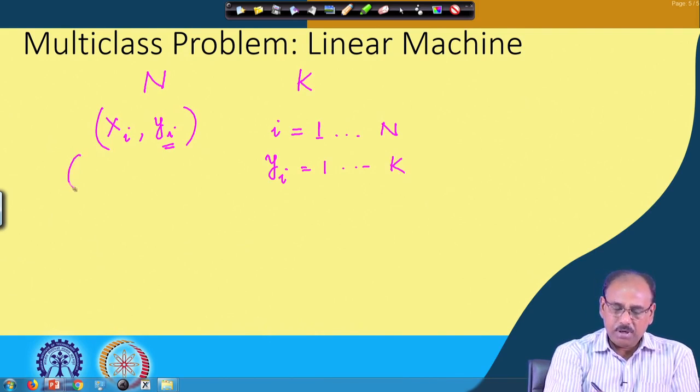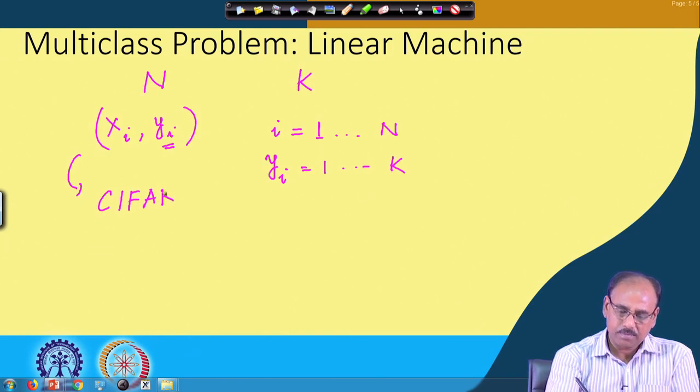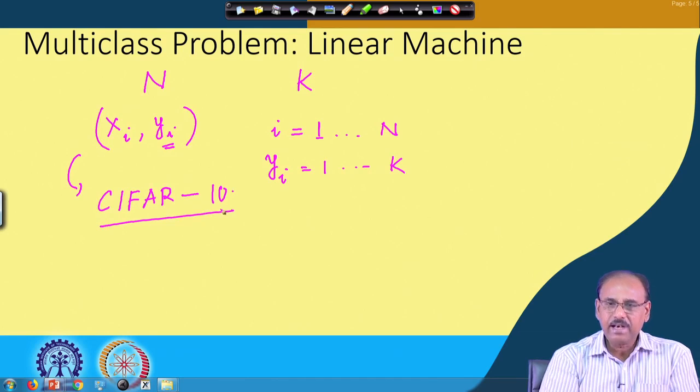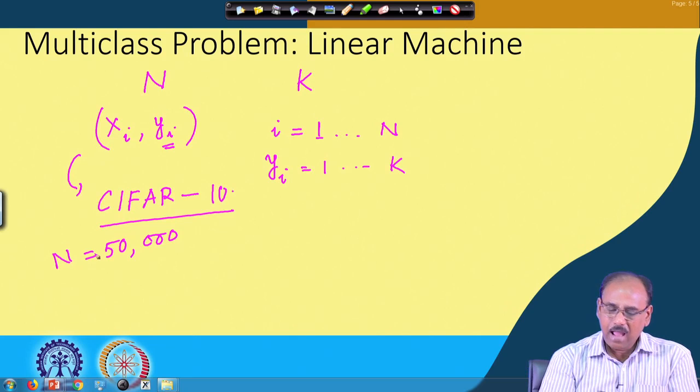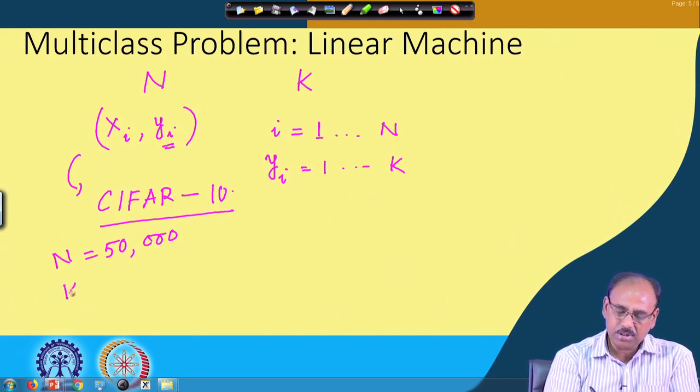For example, there is a public database called CIFAR 10. This CIFAR 10 database contains 50,000 images, so n is equal to 50,000, and there are 10 categories, so k is equal to 10.